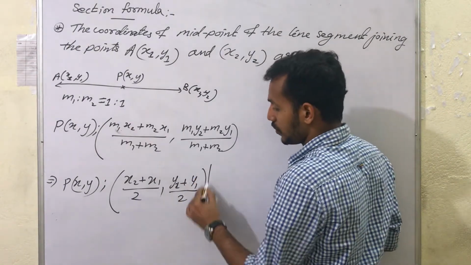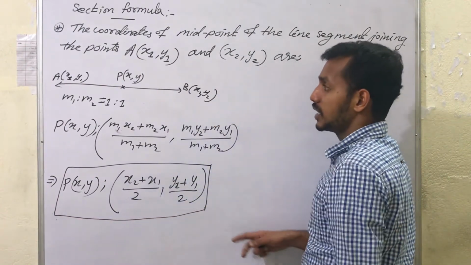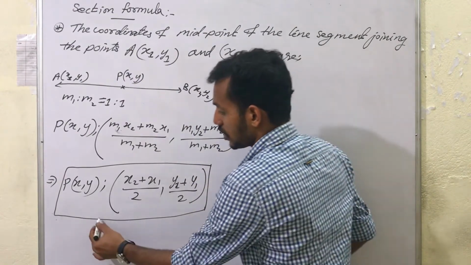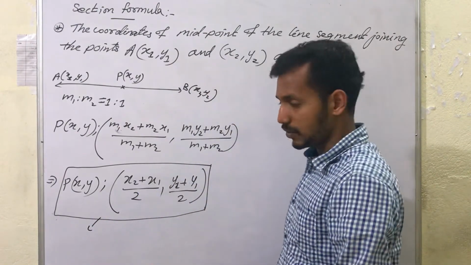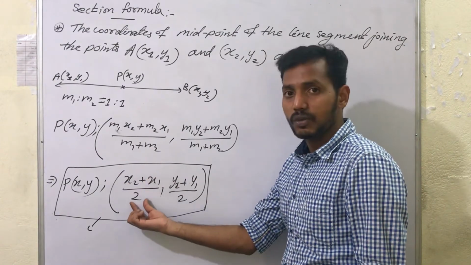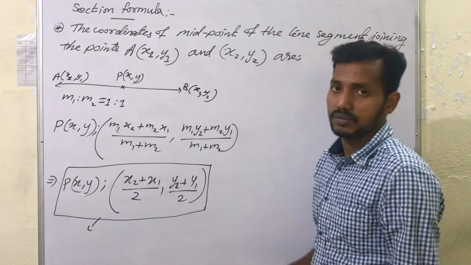So this is the formula we can use if it is mentioned that the point is at the middle of the line segment or it bisects. So this is the midpoint formula. Just take the arithmetic mean, that means the average of the x coordinates and the average of the y coordinates. Problem is solved.